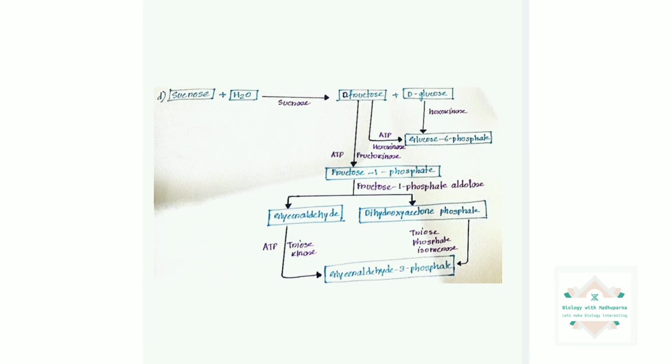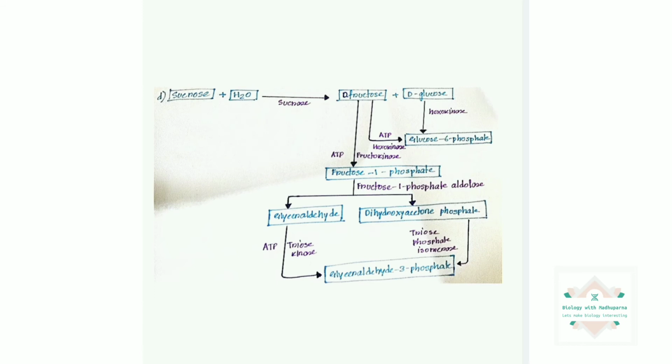Dihydroxyacetone phosphate, we know, is present in our glycolytic pathway, so it can be converted into glyceraldehyde 3-phosphate with the help of the enzyme triose phosphate isomerase, which can then enter the glycolytic pathway and produce pyruvate as a final product. But how will glyceraldehyde be converted into any of the intermediates of the glycolytic pathway?